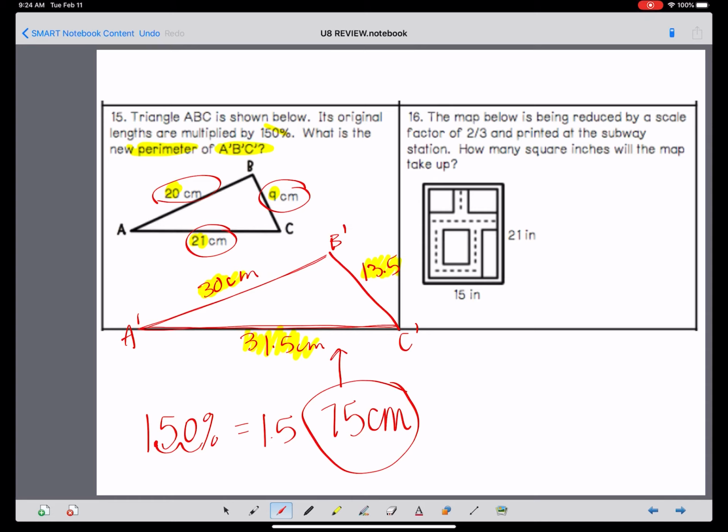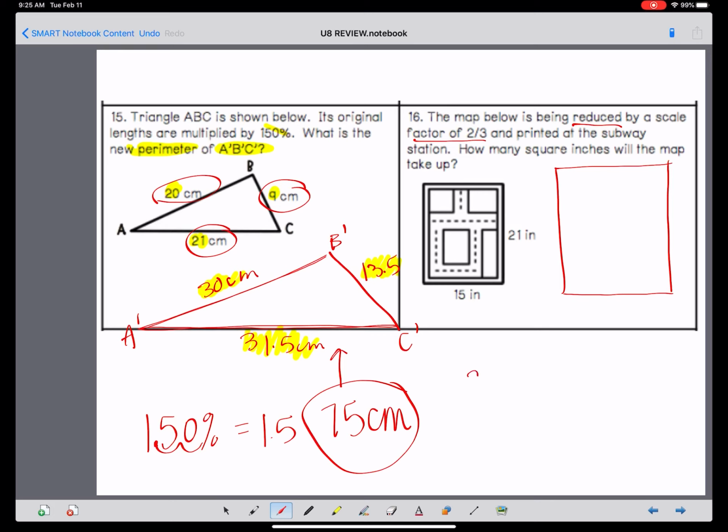All right, question 16 says the map below is being reduced by a scale factor of 2/3 and printed at the subway station. How many square miles will the map take up? Okay, so most people, when you see the words reduced by a scale factor of 2/3, I've had a lot of students that are like, oh, I'm just going to divide by 2/3. Well, let's see what happens if you divide each of these side lengths by 2/3.